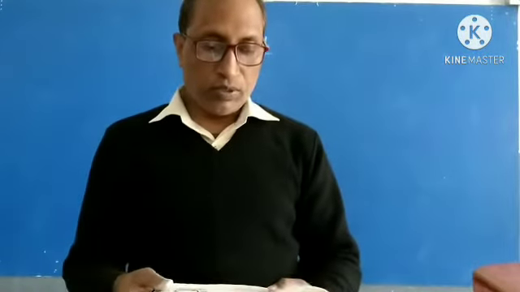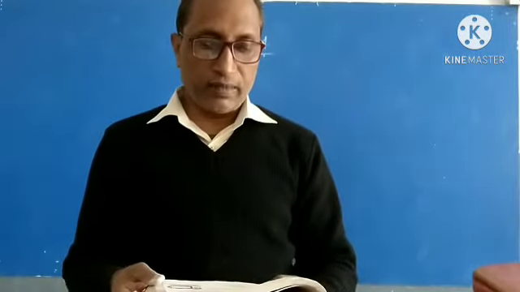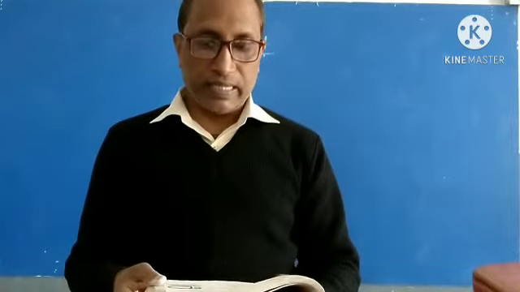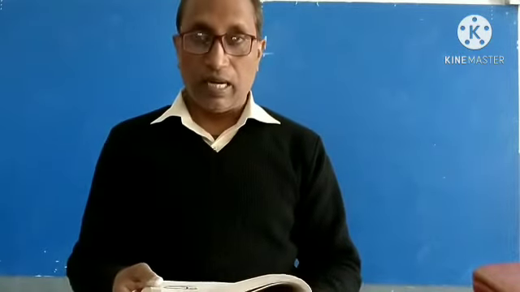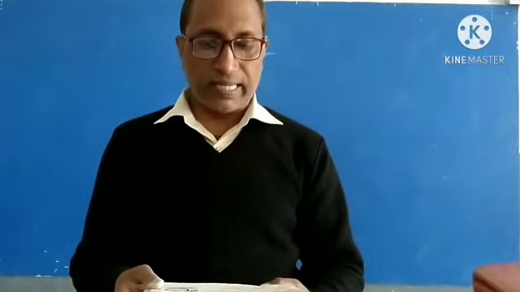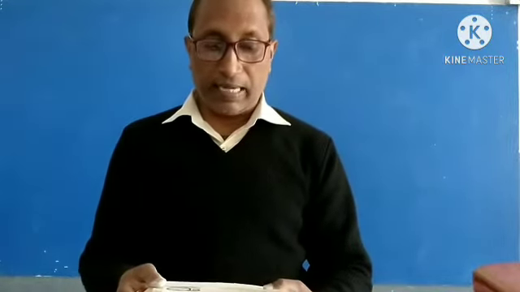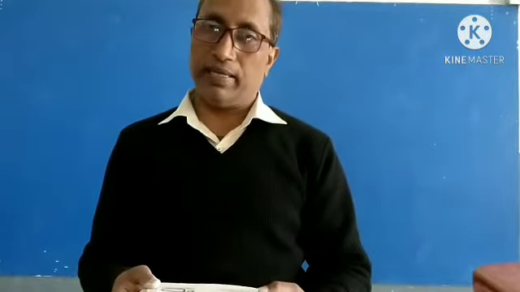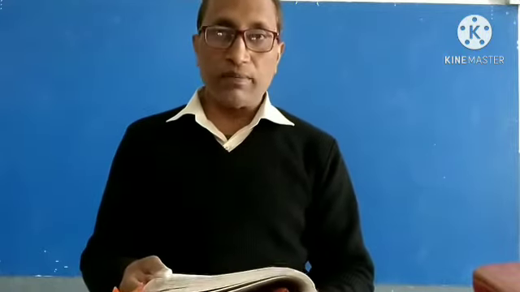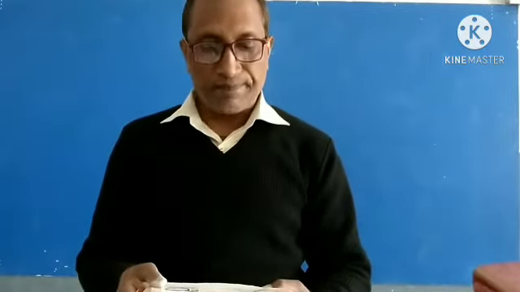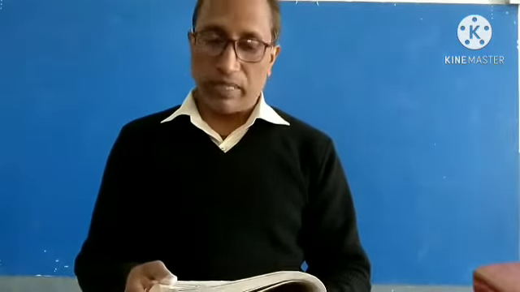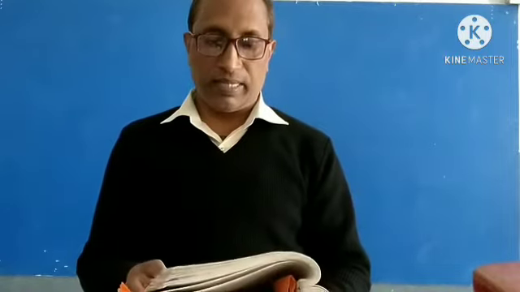Question number 4. A cuboid is of dimensions 60 centimeter by 54 centimeter by 30 centimeter. How many small cubes with side 6 centimeter can be placed in the given cuboid? In this question, you have given the dimension of cuboid, means length, breadth and height of the cuboid, that is respectively 60 centimeter, 54 centimeter and 30 centimeter.